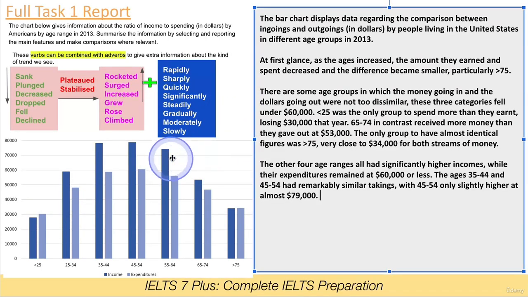Okay, we could talk about 55 to 64 having a high income as well. 55 to 64 also had a large income at say 74.